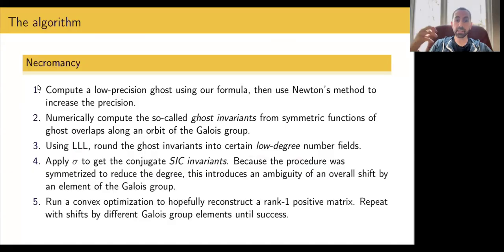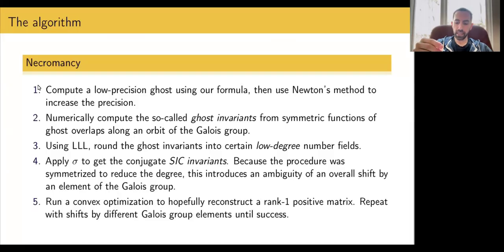Because this procedure had been symmetrized in an attempt to get things down to a low degree where we can actually do the procedure, it introduces some ambiguities because of all the symmetries that we've now foisted onto this problem. So at the end, there's an ambiguity by some Galois group element. And so what we've done is reconstruct a bunch of these ghost overlaps on some orbit of this Galois group, but an overall shift by the Galois group is an ambiguity.